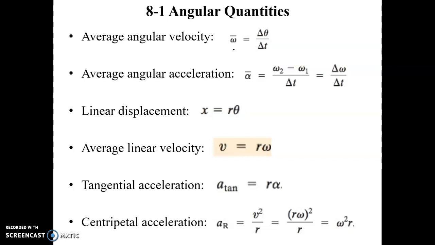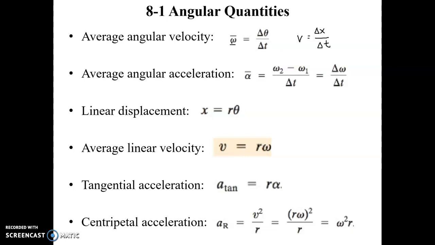If we look at angular velocity, for example, this is essentially the same as our linear velocity being equal to delta x over delta t. So we've just translated it into this new terminology for angular motion of omega equals delta theta over delta t.